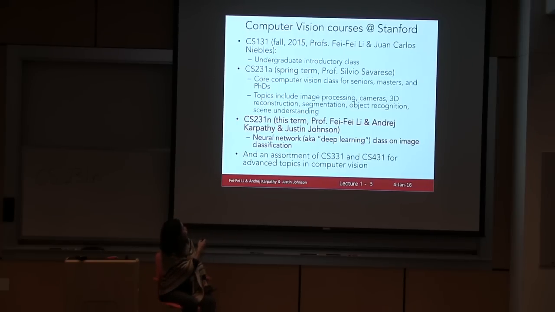That's an intro class of previous quarter we offered, and then next quarter, which normally is offered this quarter, but this year is a little shifted, there's an important graduate level computer vision class called CS231a, offered by Professor Silvio Savarese, who works in robotic and 3D vision.